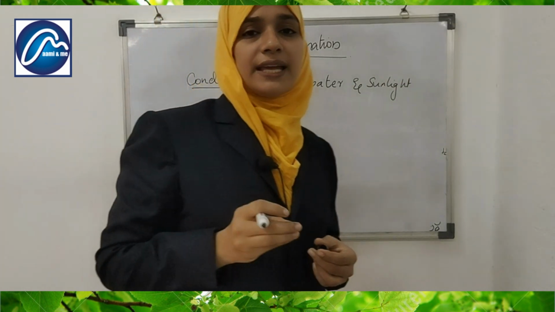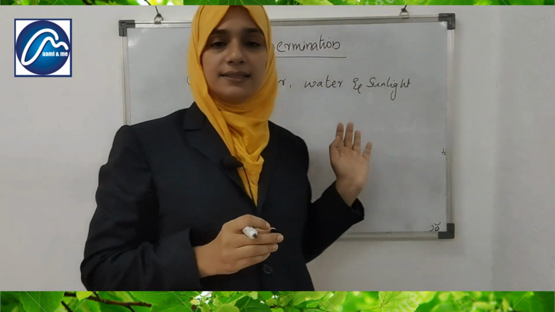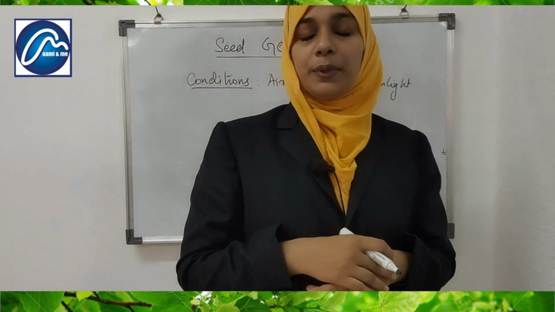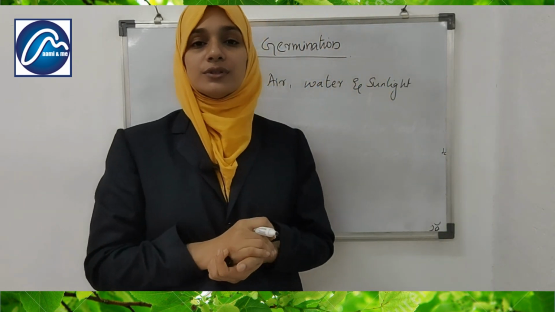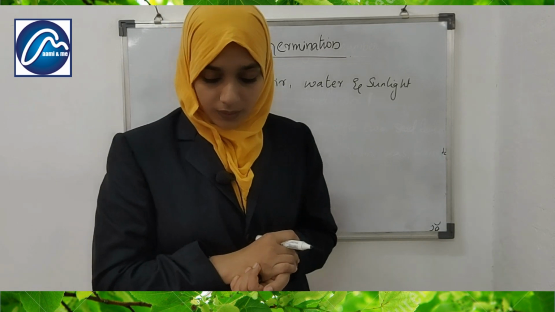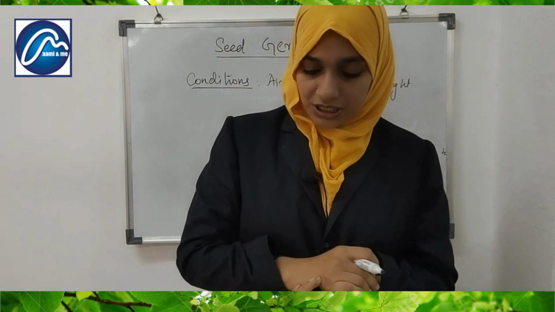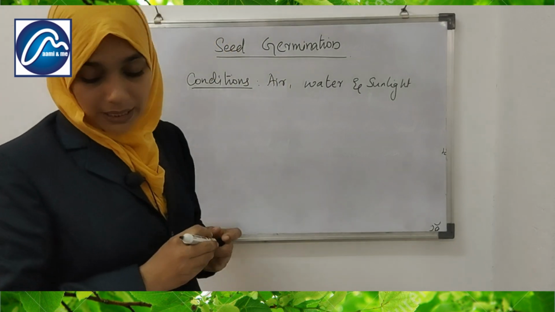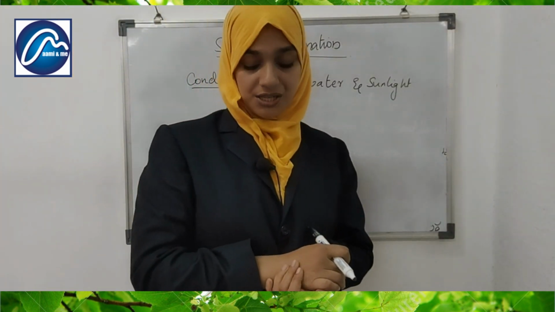Children, you have to take down the important points that I am writing on the board. So you have to take a pen and a book before starting. Then, for germination of seeds, these are the three main conditions necessary.